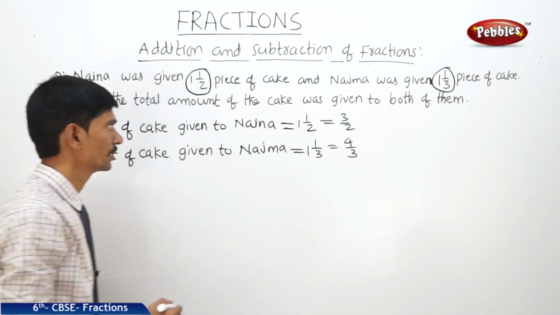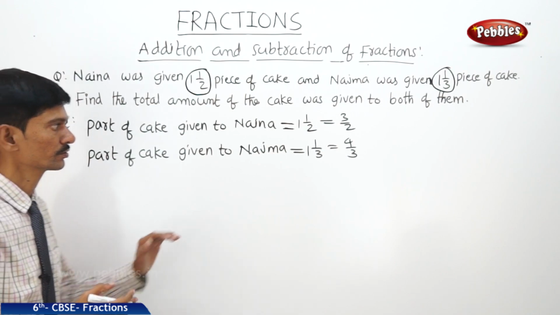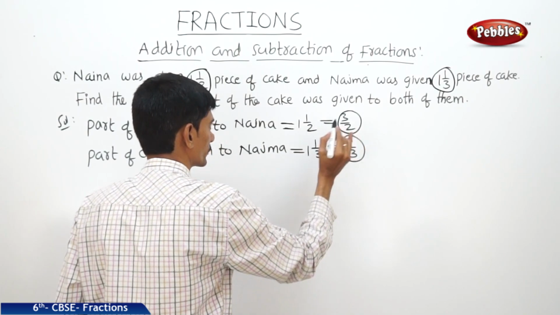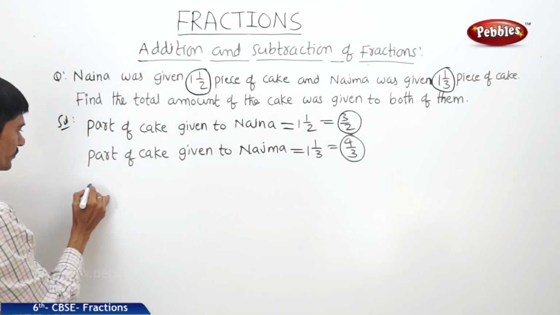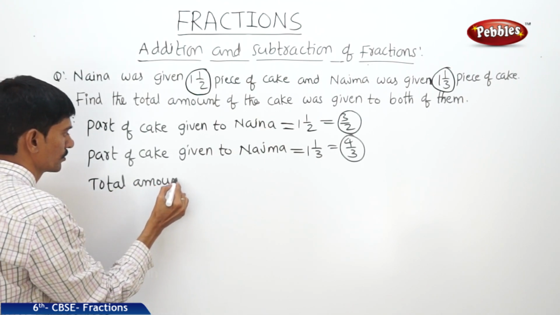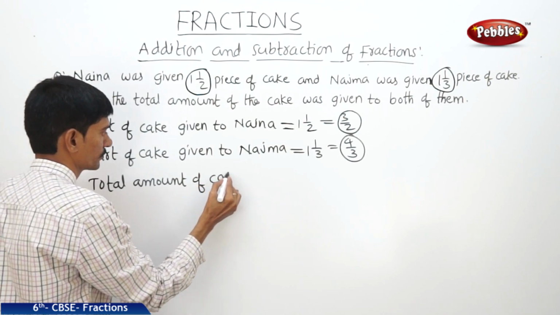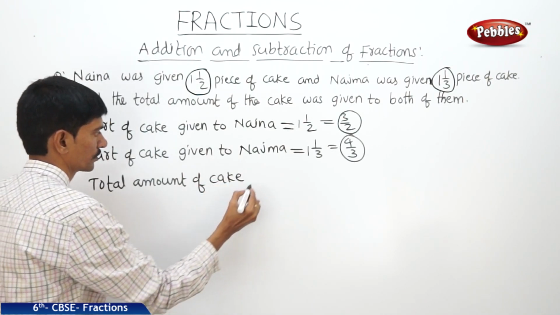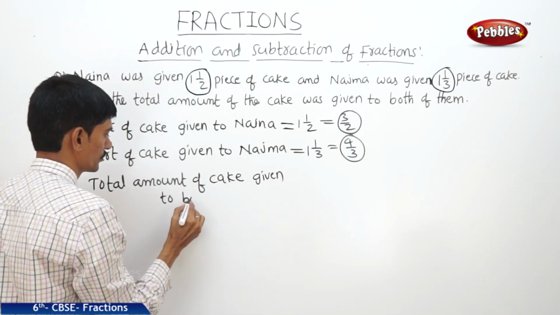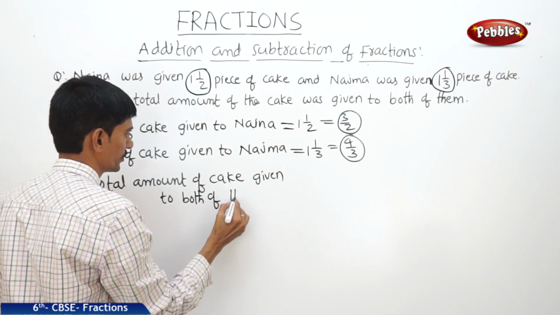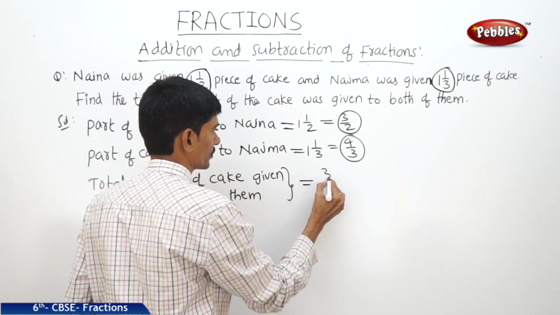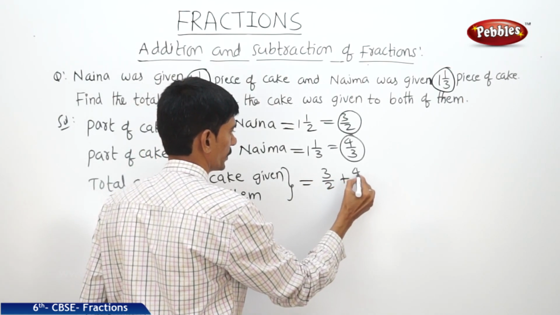Now to find the total amount of the cake given to both of them, we have to add these two fractions, 3/2 and 4/3. Total amount of cake given to both of them equals 3/2 plus 4/3.